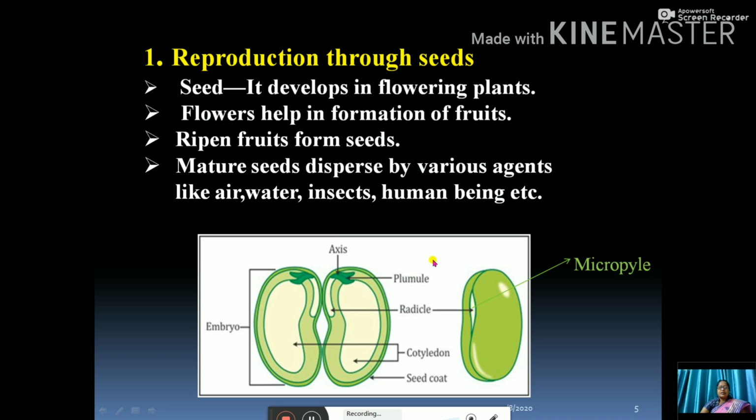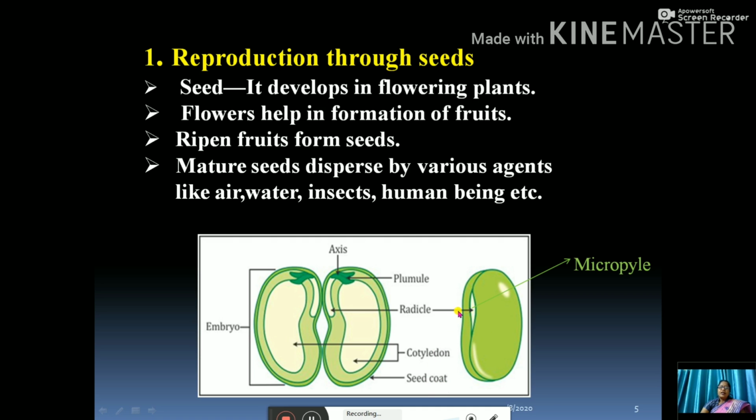It means the stem. This is the outer covering, known as seed coat. So what is the function of seed coat? Seed coat protects the seed from the unfavorable conditions present surrounding the seed.